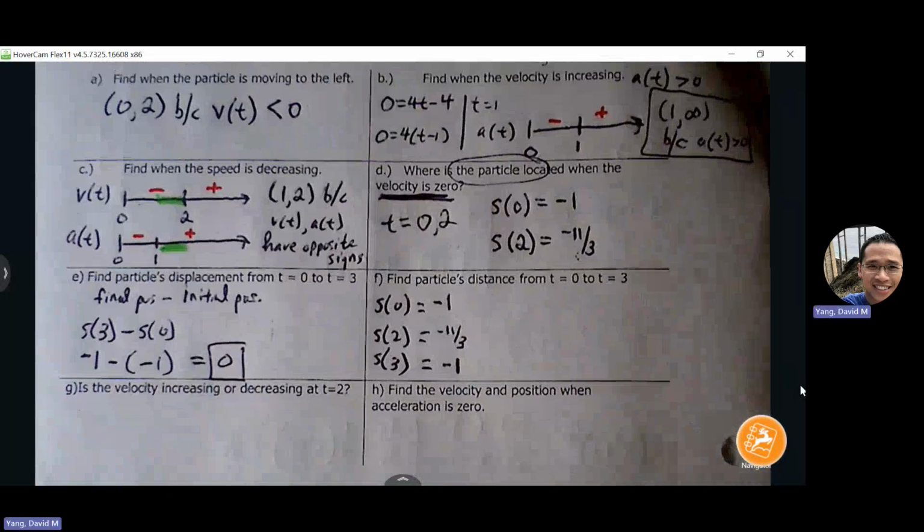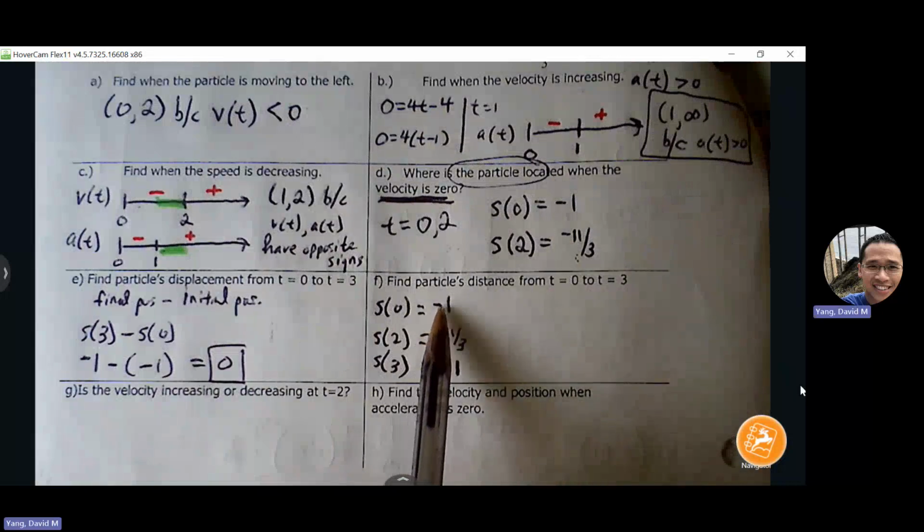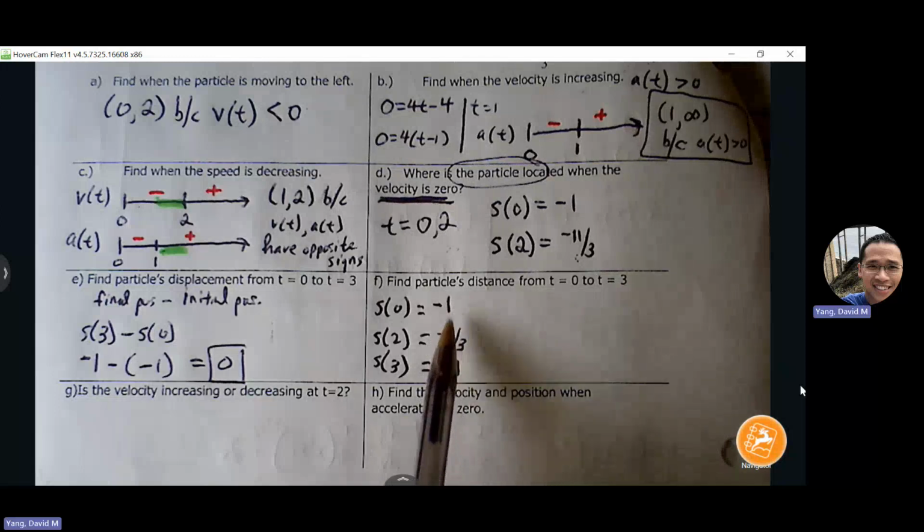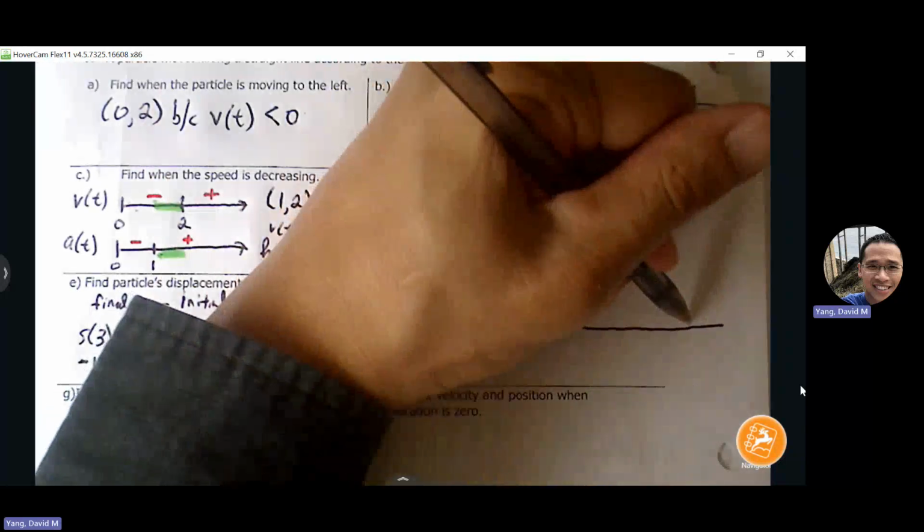So when you find distance, don't think of this as, oh, I'm going to add these together, okay? What you want to do is think about it as, I'm walking between these locations, and how far have I traveled between these locations? It's a little messier here with fractions, but let's say here's -1 and here's -11/3.